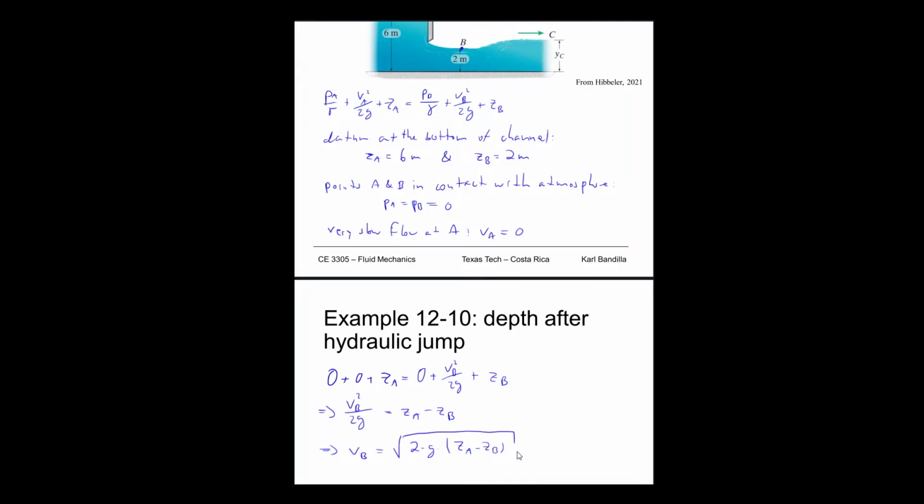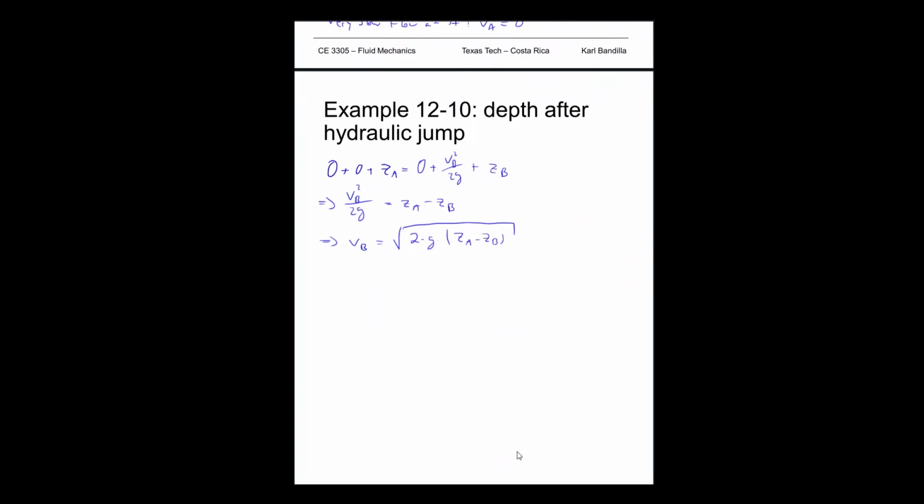All right, then we can plug in some numbers. 2 times 9.81 meters per second squared times 6 meters minus 2 meters. And that is equal to 8.8588894 meters per second.